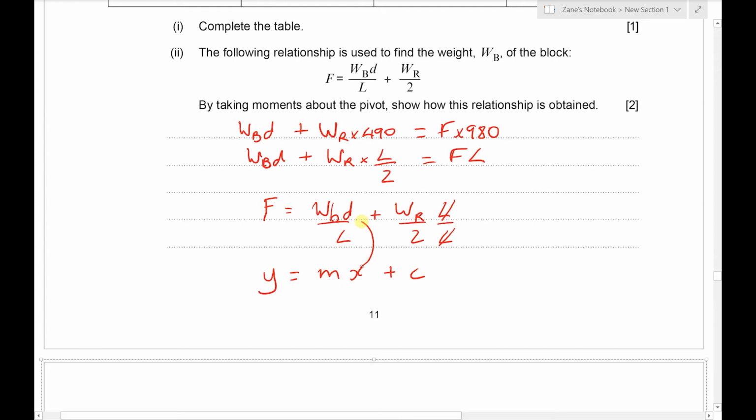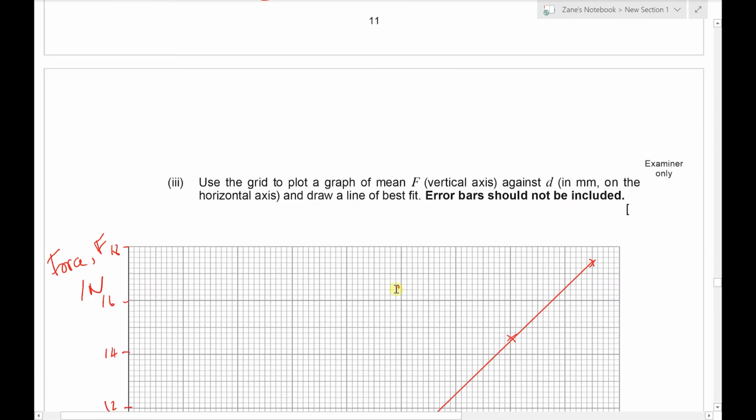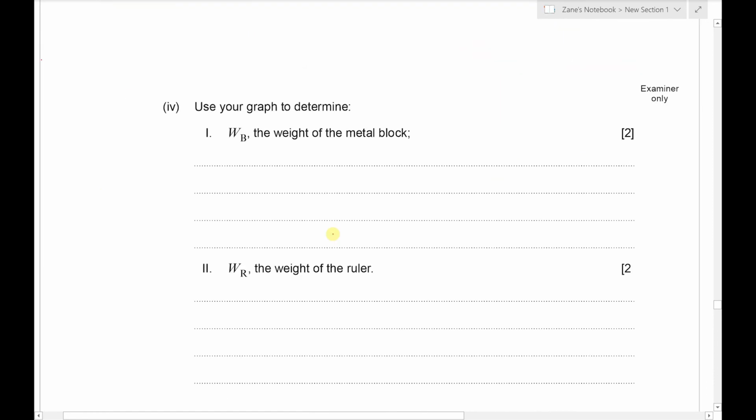X is the D, y is the F. So by comparison, we should hopefully be able to see that the gradient of the line M is WB over L, and the intercept on the y-axis is WR over 2. So the gradient is WB over L. And therefore WB will be the gradient times L.